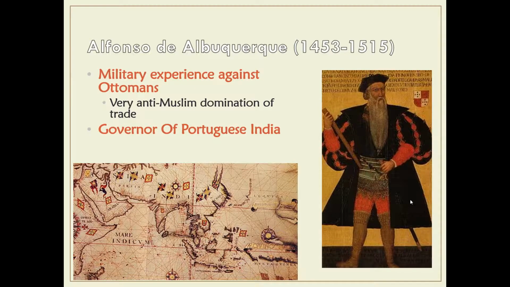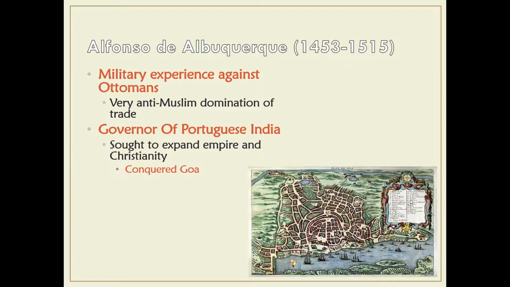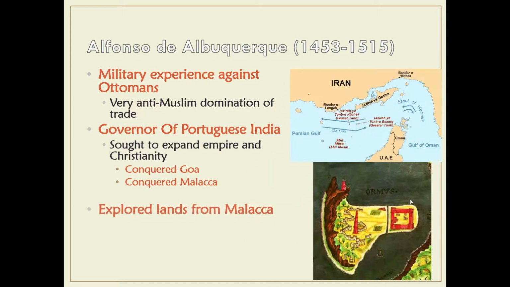And as he begins to move out and conquer, he's actually made the governor of Portuguese India. And he sought to expand the empire, and he goes out and captures Goa and Malacca, and he explores lands from Malacca, makes it all the way into the Arabian Peninsula, and even takes forces here at the Strait of Hormuz in the Gulf of Oman, basically getting a foothold on what is today modern day Iran.